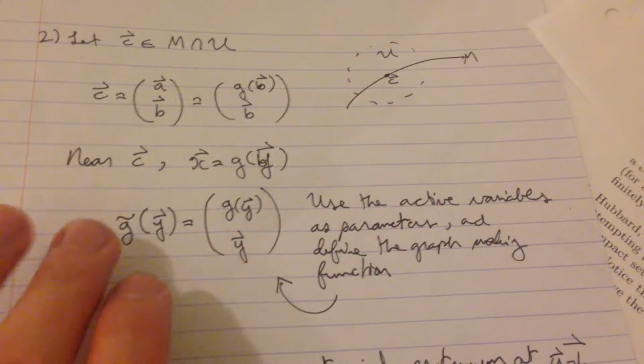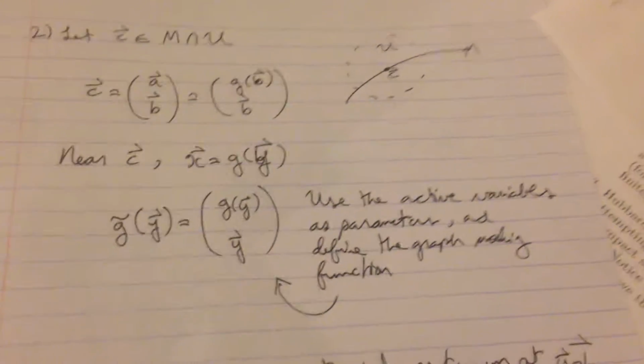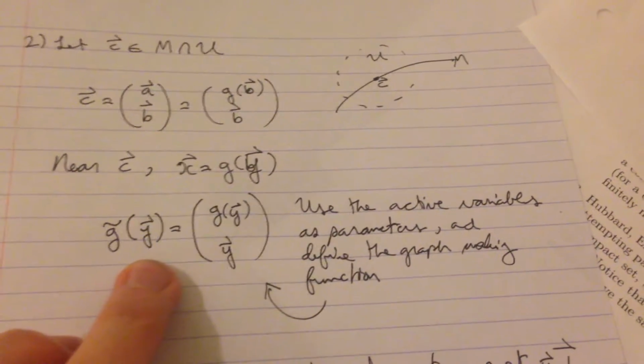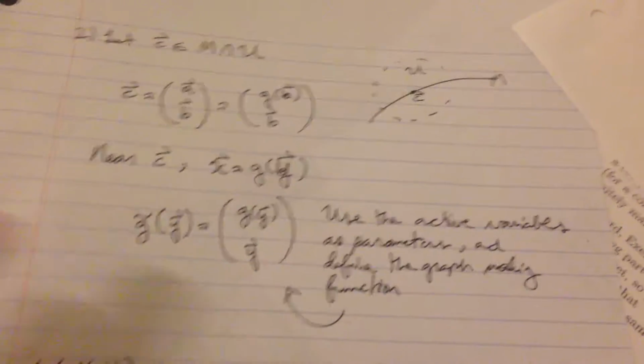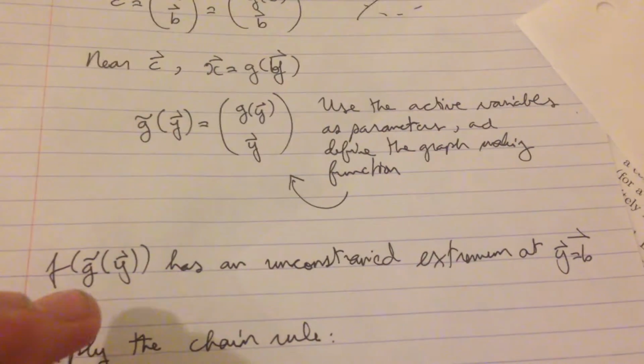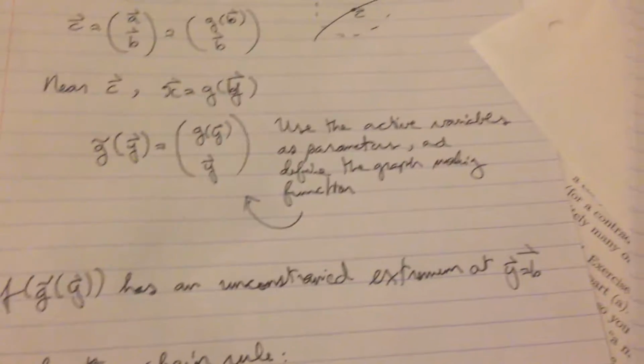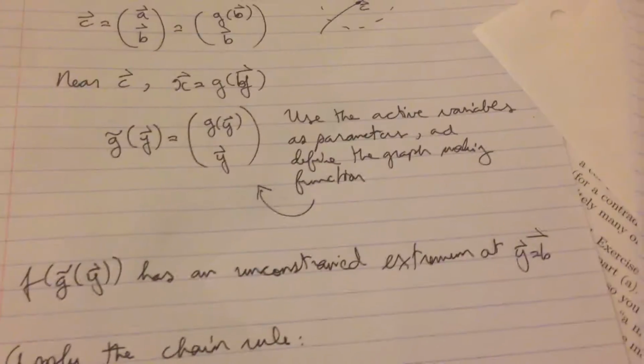And so we basically can parameterize this and use our active variables to create this parameterization. And now if we substitute in this parameterization, we're essentially left with an unconstrained maximization problem.